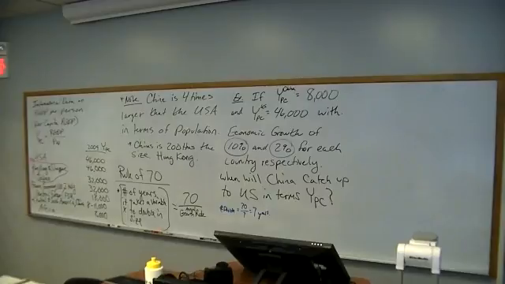But they ain't there yet. There's more to this problem. So go ahead and start working on that. Just raise your hand. I'll give you a little nudge if you need one.